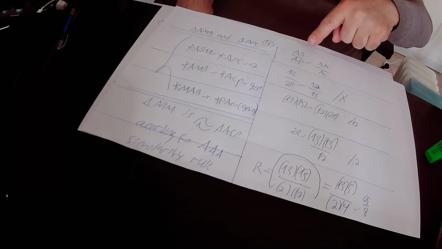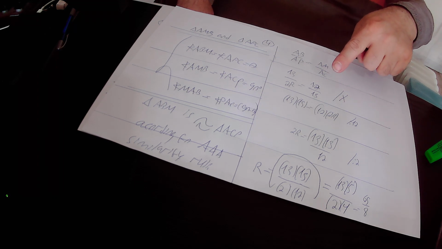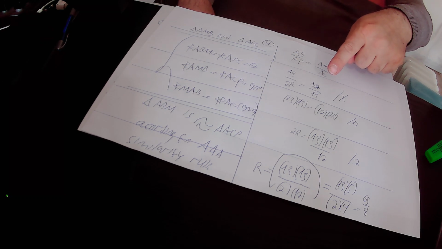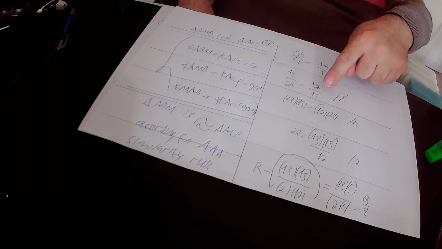AB is 13, AP is the diameter of the circle, that is 2R, AM is 12, and AC is 15. In conclusion, 13 over 2R equals 12 over 15.